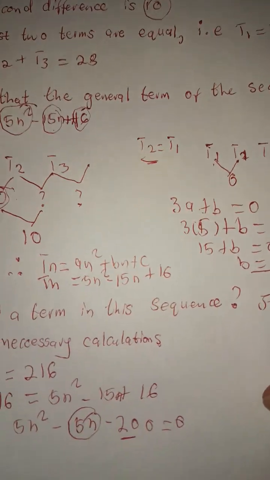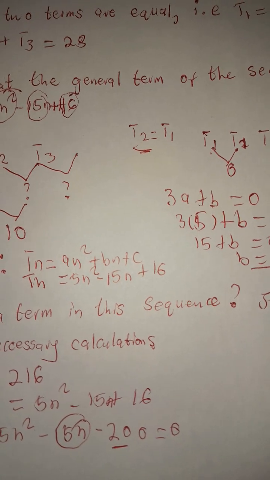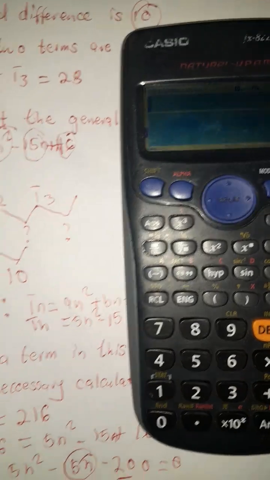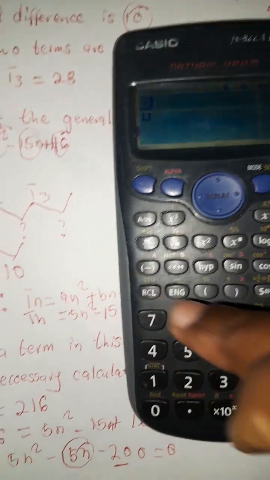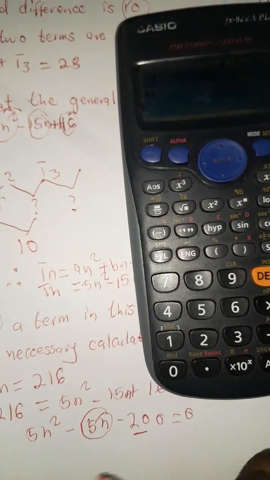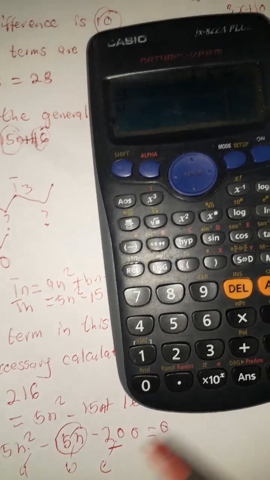All right, let me substitute back again and check why I am getting an error so that we fix it. By the look of things, guys, I made a mistake when substituting. Remember that in the quadratic formula, we have a, b and c.